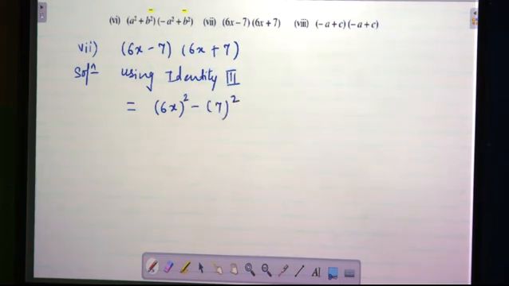This is a minus b and a plus b, a is 6x and b is 7. So, the answer is becoming 36x square minus 49.